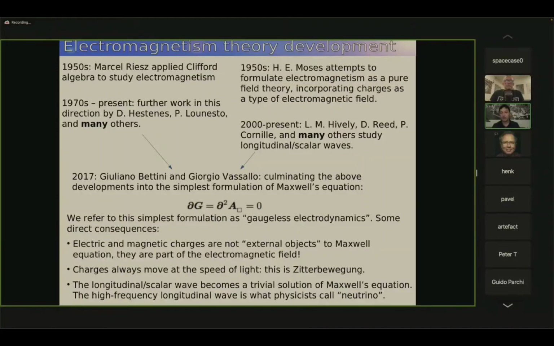And I had a lecture about that earlier. I think it's posted on your channel, so people can look it up. That again shows that to describe longitudinal waves, we don't have to add any complication. It's just a trivial solution, just like the transversal wave is a trivial solution.